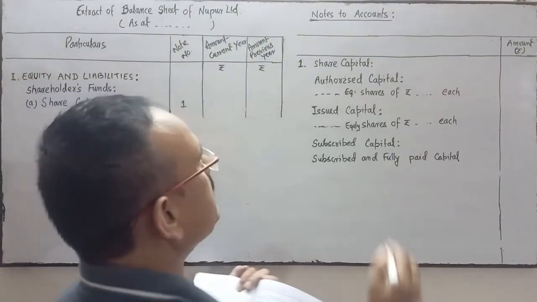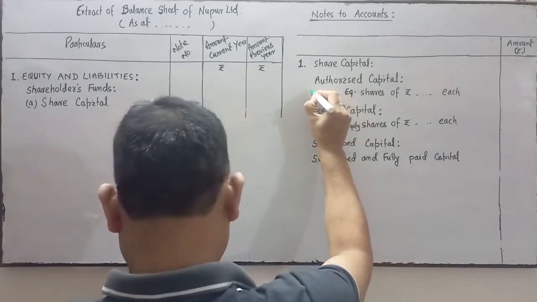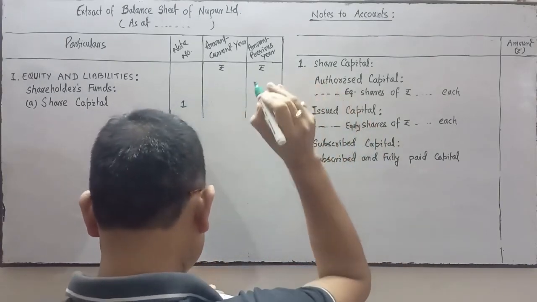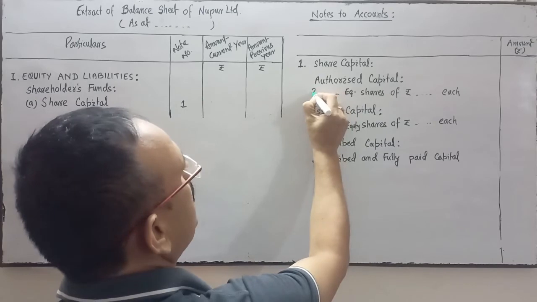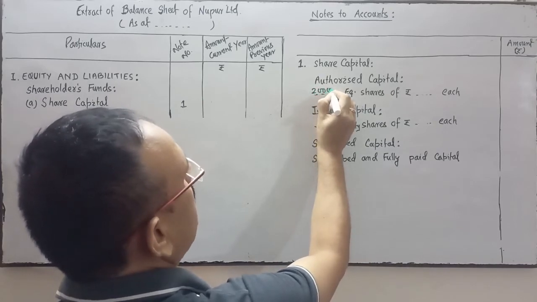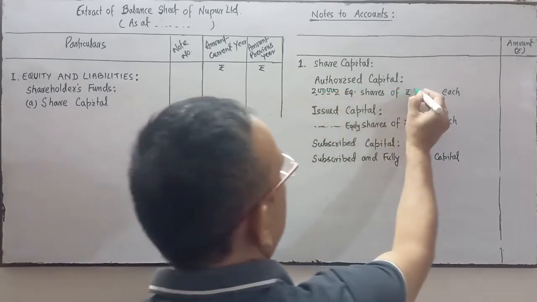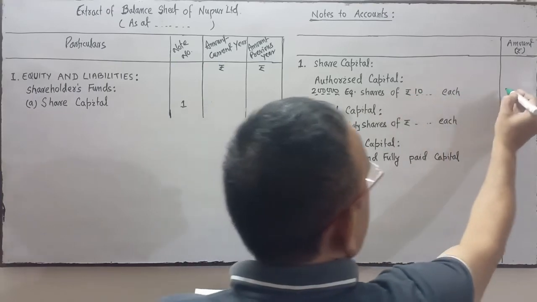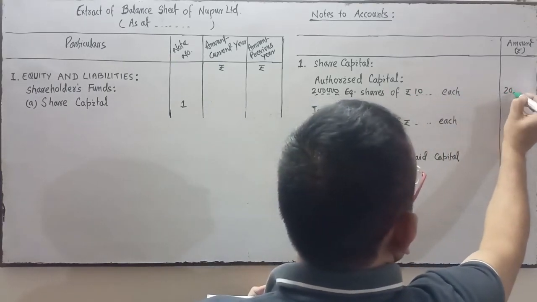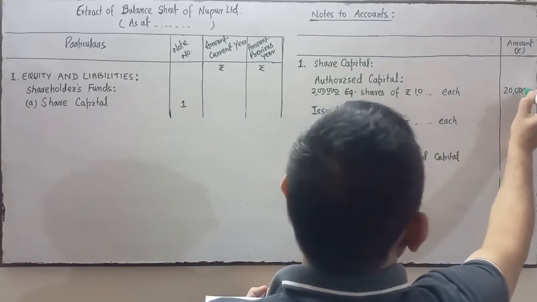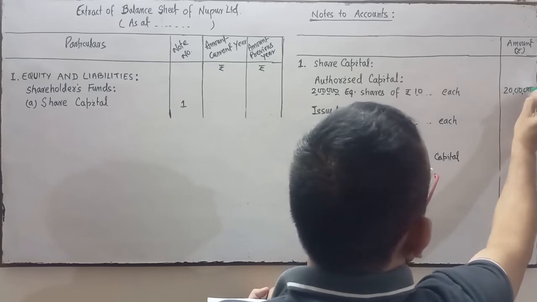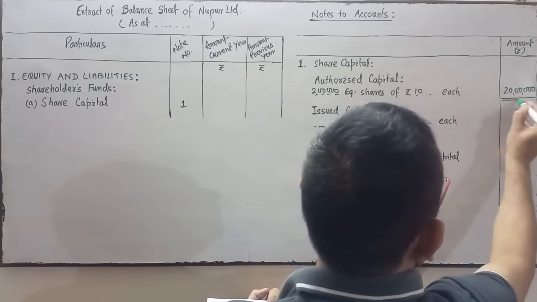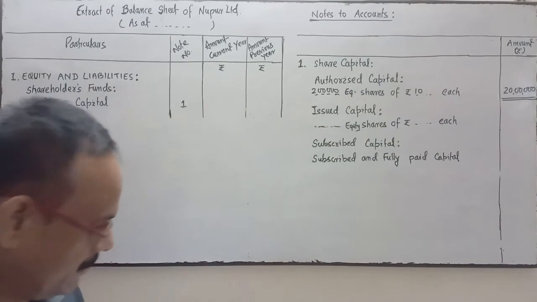With an authorized capital of, how much is the total? Total is 20 lakhs divided into 2 lakh equity shares of rupees 10 each. So the authorized capital is 20 lakhs.